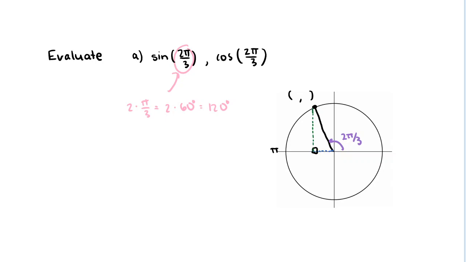And so if 2 pi over 3 is 120 degrees, what we're really saying is that the rest of the way to pi is 60 degrees, right? So this is a 30, 60, 90 triangle, right? If that's 60 degrees and this is 90 degrees, so the remaining angle in this picture is 30 degrees.